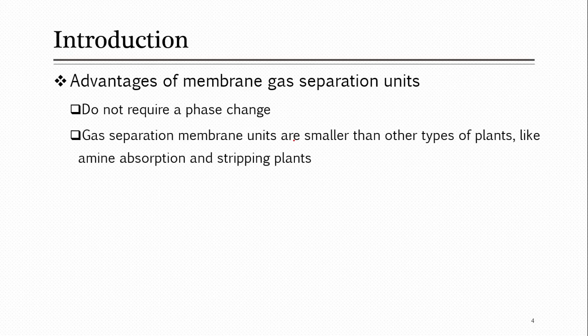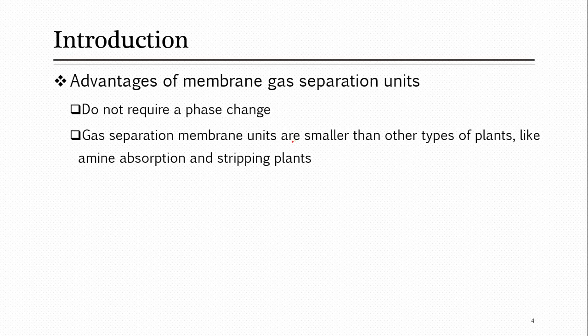Then gas permeation membrane units are most of the time smaller as compared to other plants. For example, if you compare them with the amine absorption and stripping units, they are very large units, as well as distillation units, which are large on an industrial scale.